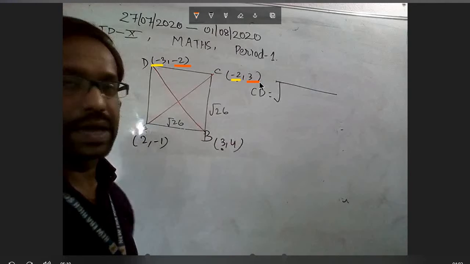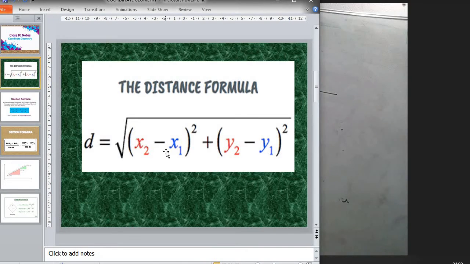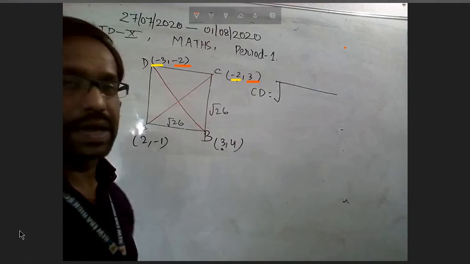Understand? The yellow part is my x coordinates and the red part is my y coordinates, and I have to use the distance formula. So this is the distance formula, with x1 as 2 and y1, y2. So we are going to use that one.